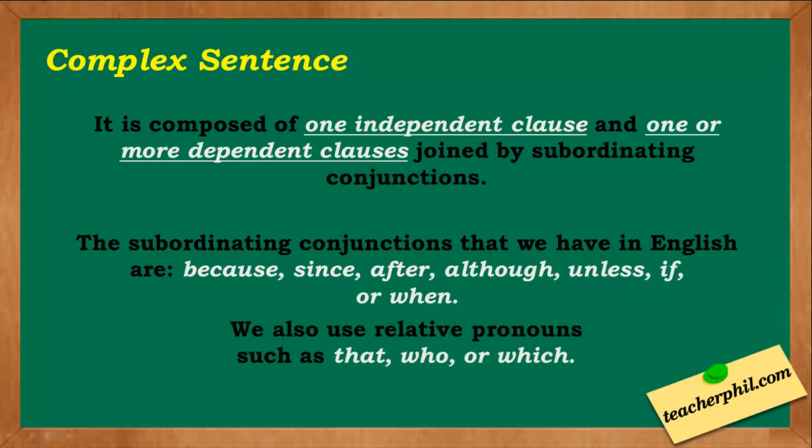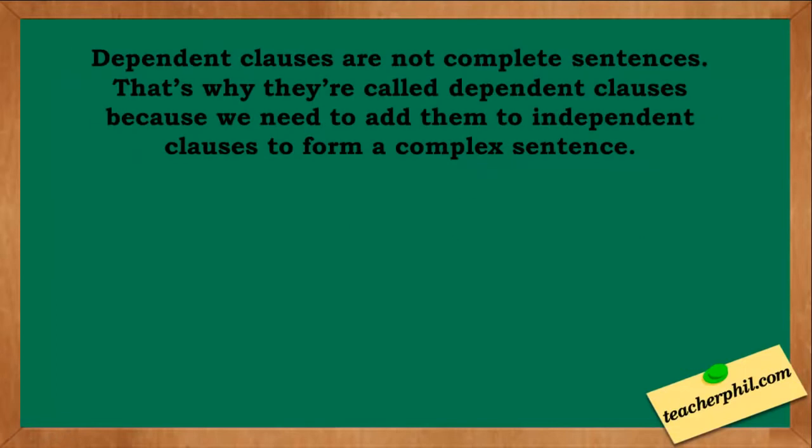We also use relative pronouns such as that, who, or which. Dependent clauses are not complete sentences. That's why they're called dependent clauses, because we need to add them to independent clauses to form a complex sentence.